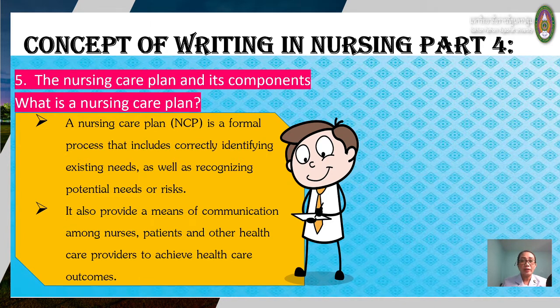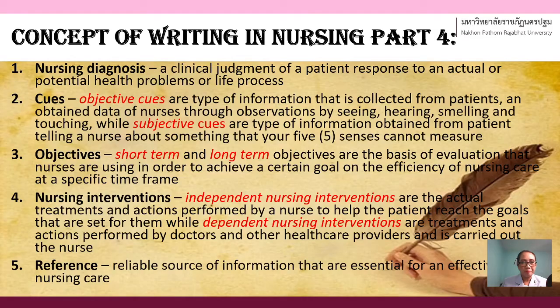So, this focuses on the care of your patient. It also provides a means of communication among nurses, patients, and other healthcare providers to achieve healthcare outcomes. So we should always look forward to the positive outcome of the care we have given or implemented to every patient that we handle in the hospital.